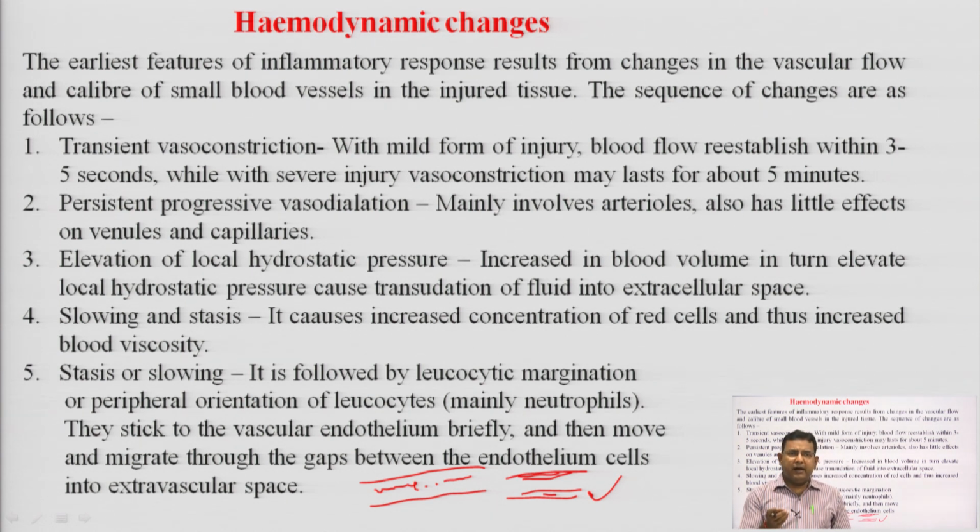Then what happens? They move and migrate through the gaps between the endothelial cells into the extravascular space. So, there are gaps between the endothelial cells, and the WBCs will come out through the gaps into the extracellular space, and that is called migration.